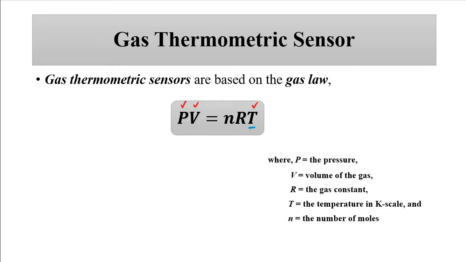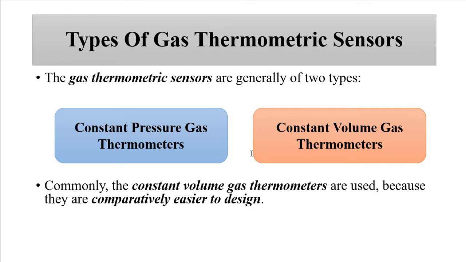The gas thermometric sensors can be divided into two categories: the constant pressure gas thermometric sensors and the constant volume gas thermometric sensors. There are some difficulties and complexities when it comes to designing the constant pressure gas thermometric sensors.